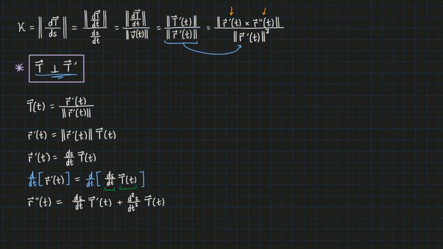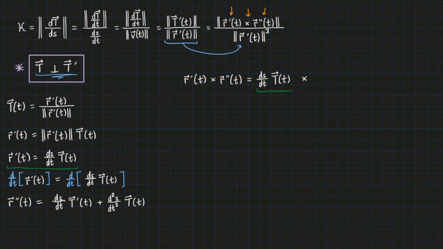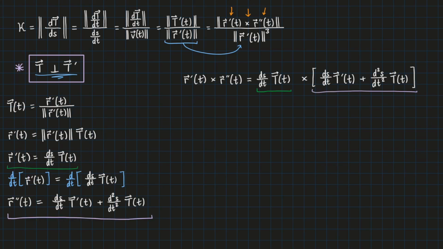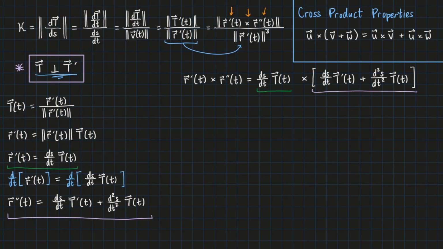Now in the numerator, we have the cross product between them. So let's find the cross product of r prime and r double prime. Here's r prime, here's r double prime. Here, we can use a cross product property. If we are taking the cross product between a vector u and the sum of two vectors v and w, we would have u cross v plus u cross w.